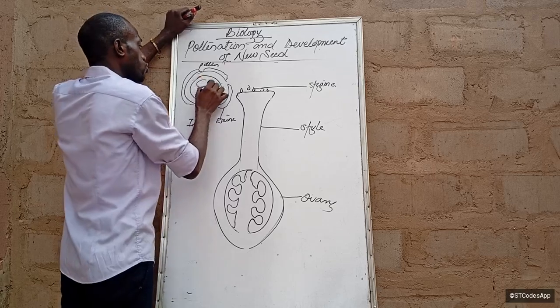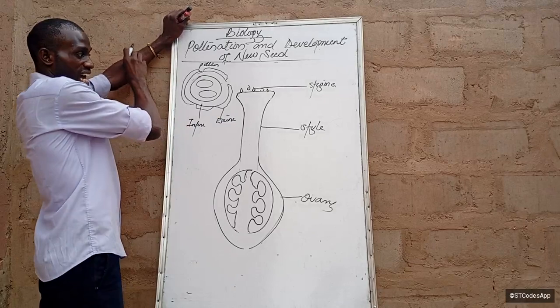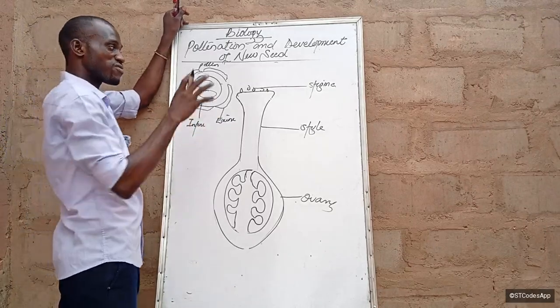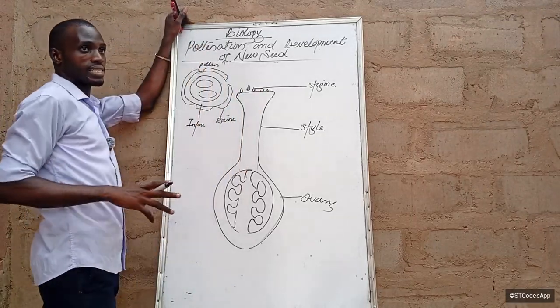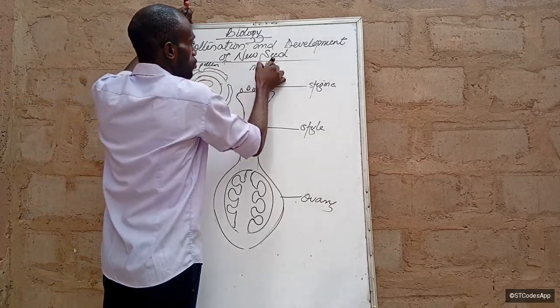Now there are two cells inside the pollen grain. Actually, initially, before the transfer, it is one cell that is there. It is once it is transferred that the cell divides mitotically.